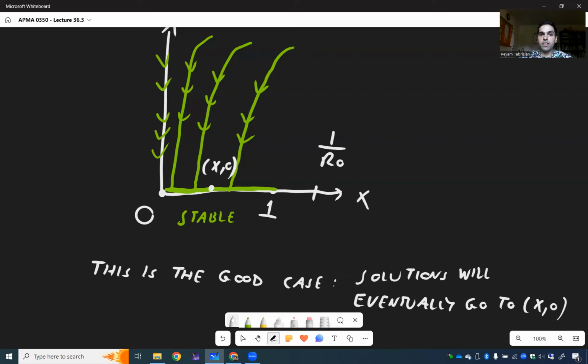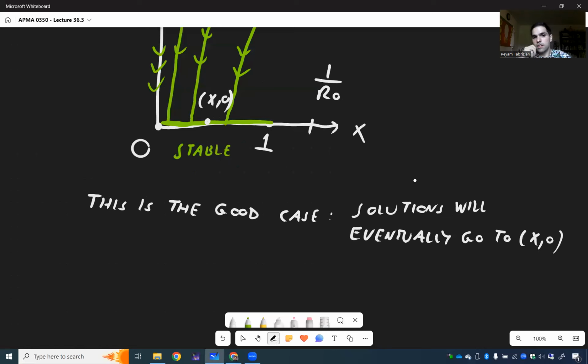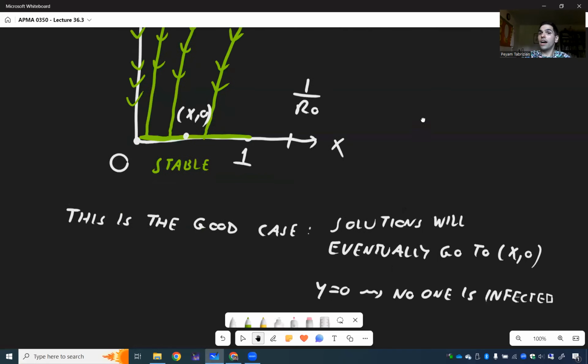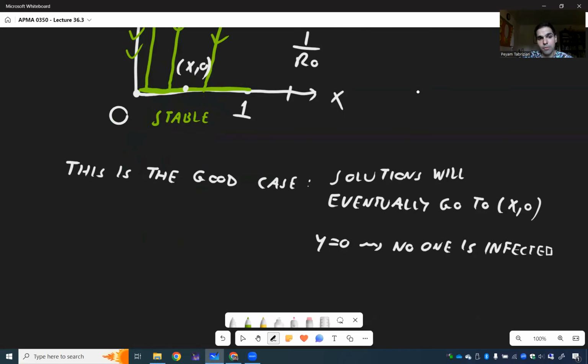And remember, x comma 0, that's good because no one is infected. So y equals 0, no one is infected. So in the end, eventually, no one will be infected. And in particular, what's useful here, there's no sudden rise in infections. So nothing is going up.